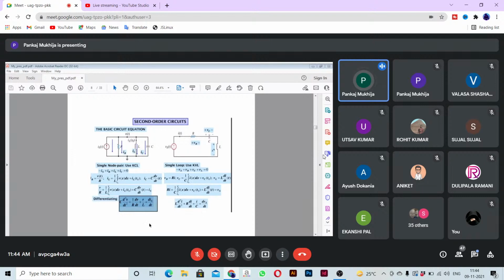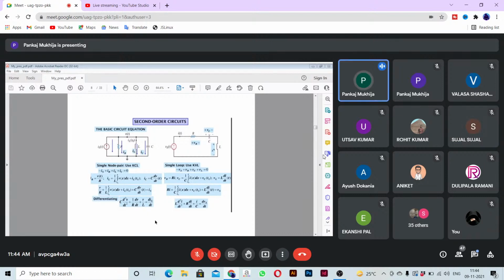So this is for a parallel RLC circuit. Similarly, we have the equation for the series RLC circuit. So these are the main two configurations that we'll be concerned with. That's why I am just focusing on the series and parallel configurations. Okay, is it clear? Yes, sir.